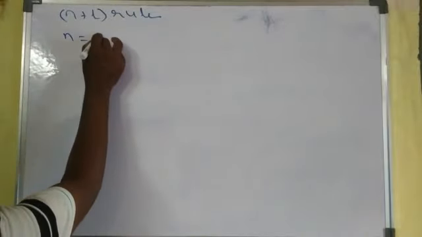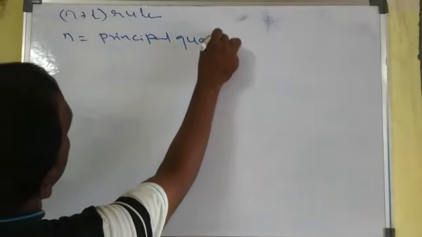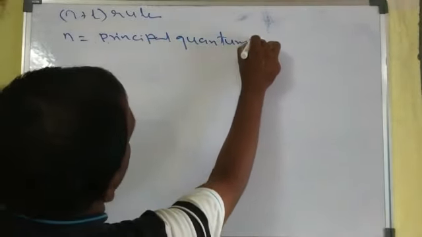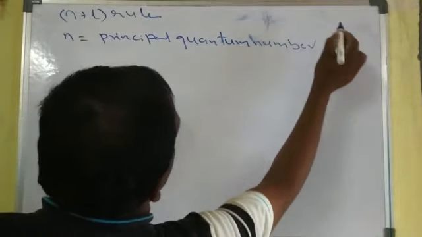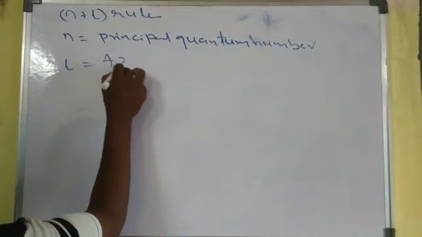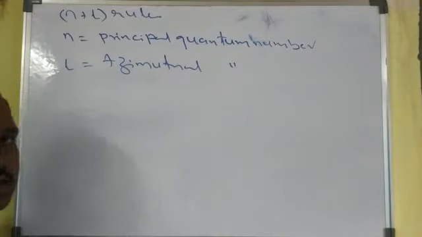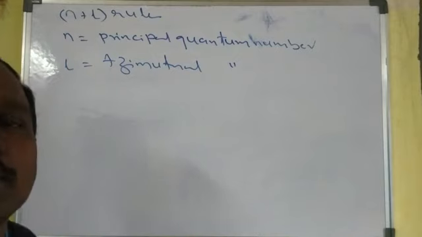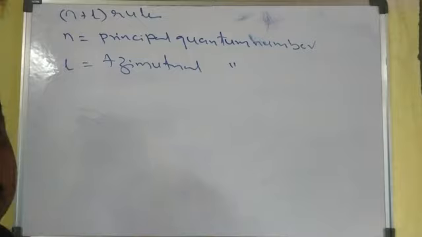Here n is the principal quantum number and l is the azimuthal quantum number.